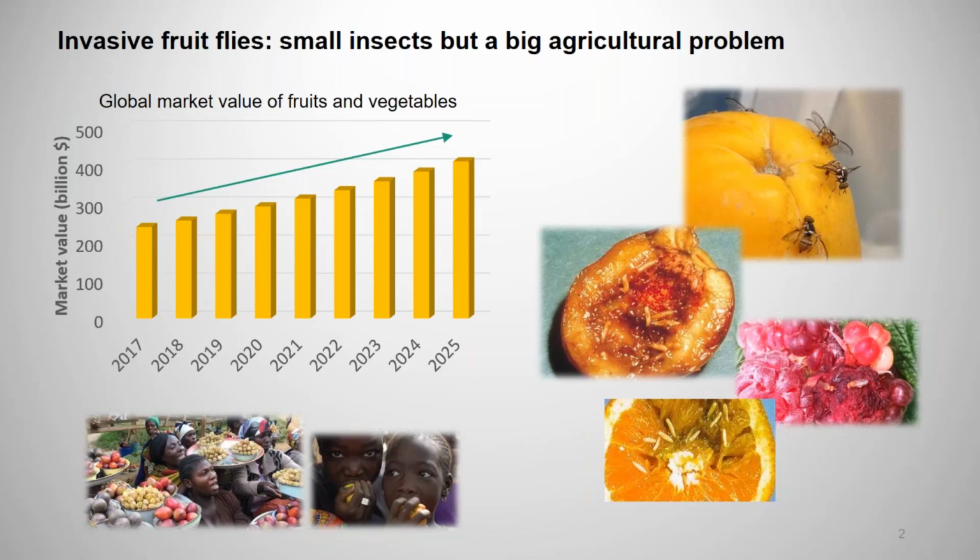As many of you have heard, there are many different fruit flies that can attack crops. There are two main families, the Tephritid fruit flies and Drosophila fruit flies. Together, there are over 8,000 to 9,000 species of fruit flies, and at least 250 of them are significant pests that can cause economic losses.